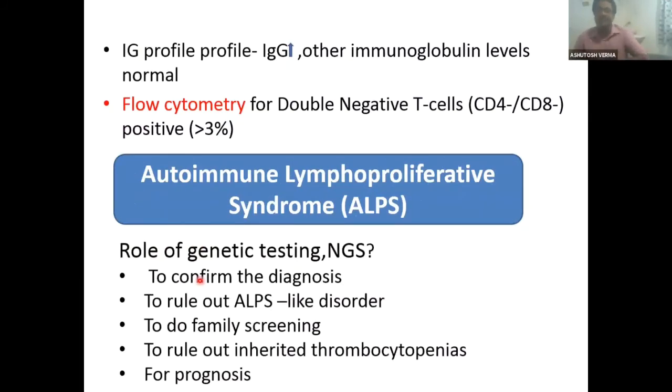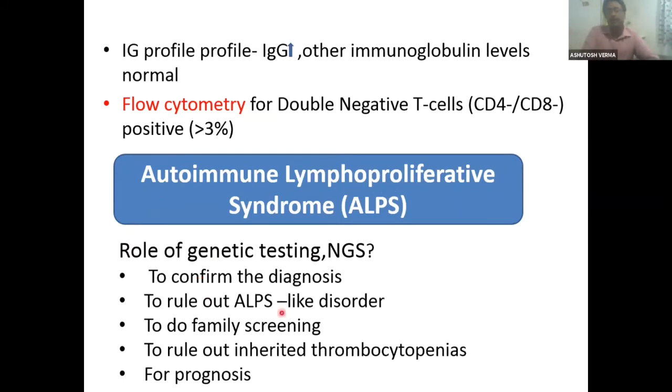So what is the role of genetic testing or NGS in this condition? Whenever flow cytometry for double negative T cells is positive, we have to confirm the diagnosis, so we should go for genetic testing. Germline or somatic mutations in FAS ligand or Caspase-10 are found in ALPS.